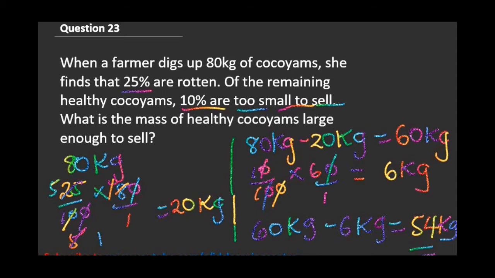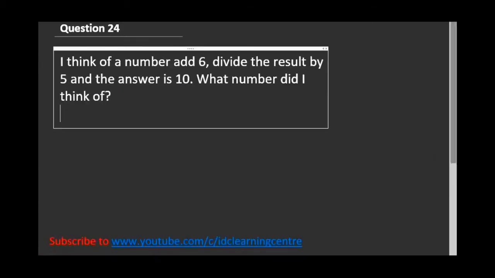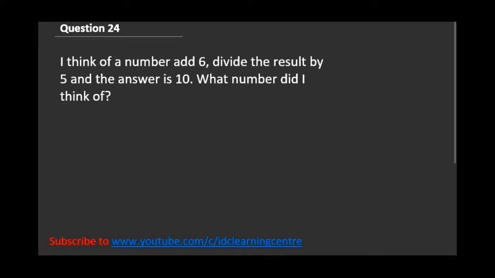Question 24. I think of a number, add 6, divide the result by 5 and the answer is 10. What number did I think of? For algebra, let the number be x. I add 6 to x, divide the result by 5, the answer is 10. Let's find the value of x. Let this 10 be over 1.